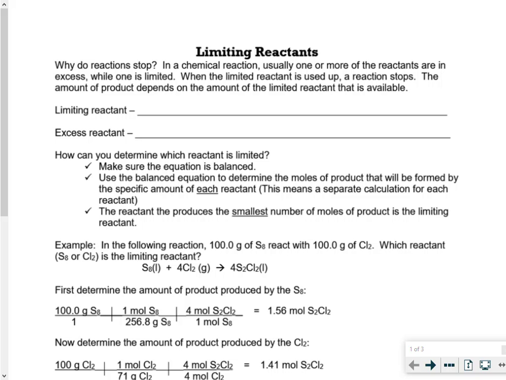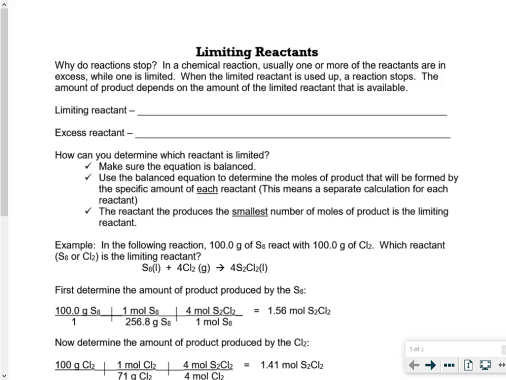How would you describe the reactant itself? The reactant that is used up. What else could we say? The reactant that you run out of. The reactant that runs out first.